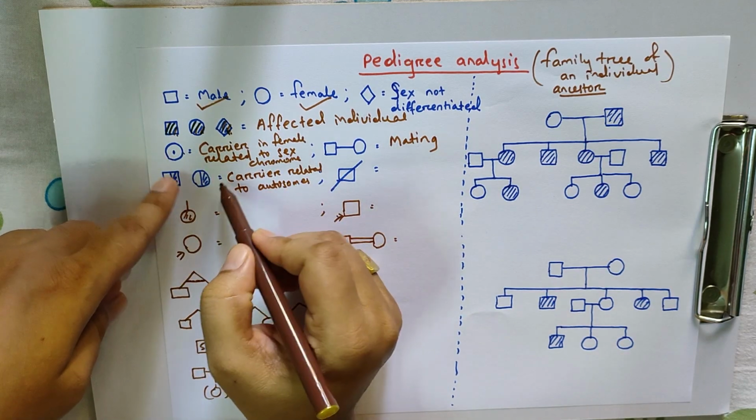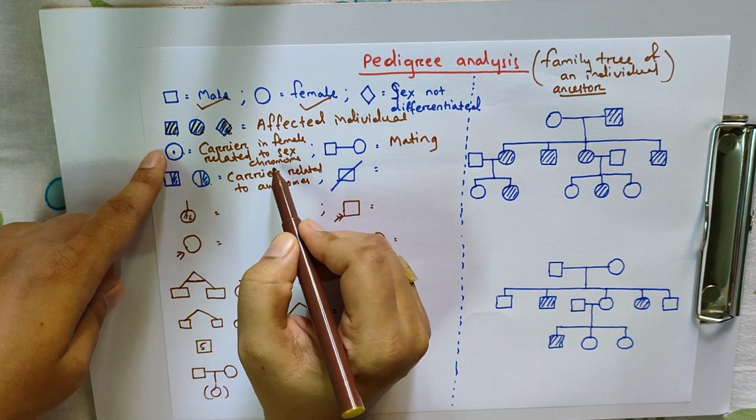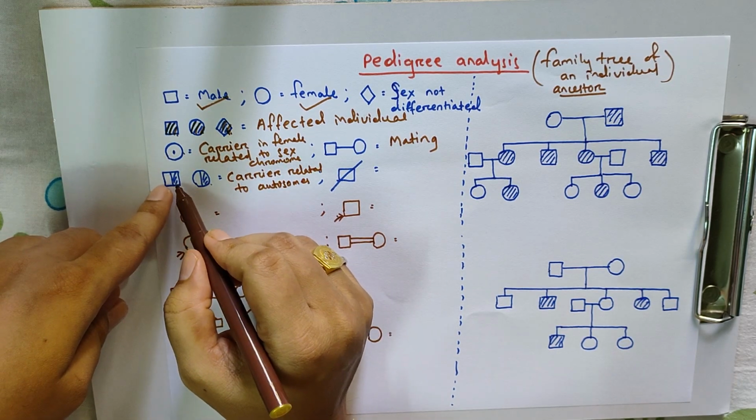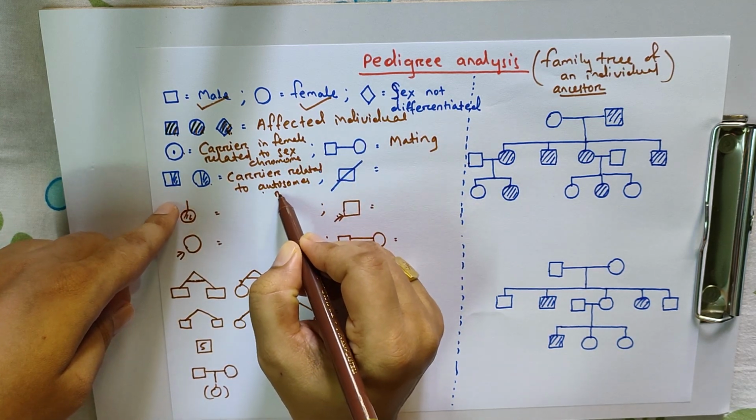It is also recessive. Here the carrier is only female for sex chromosomes, and here both male and female can be carriers due to autosomal recessive.